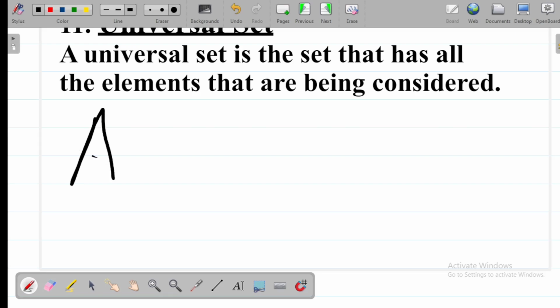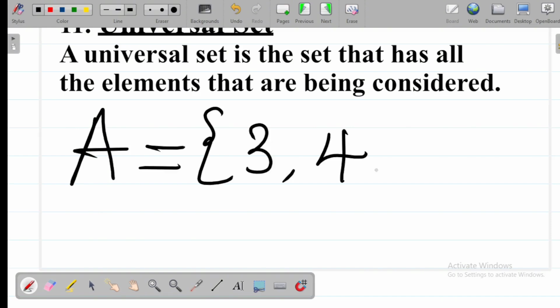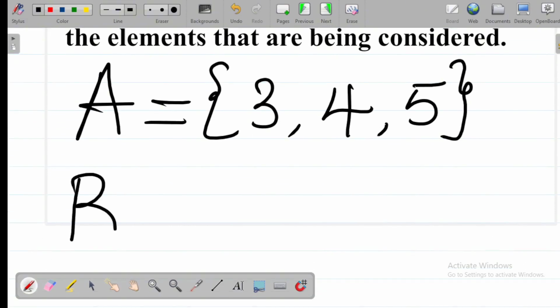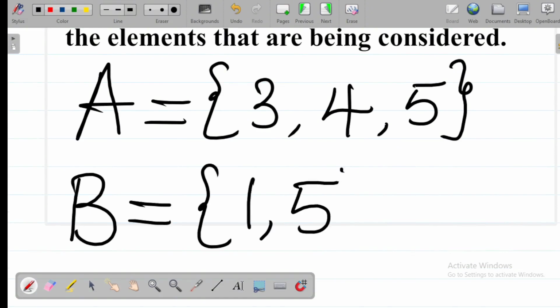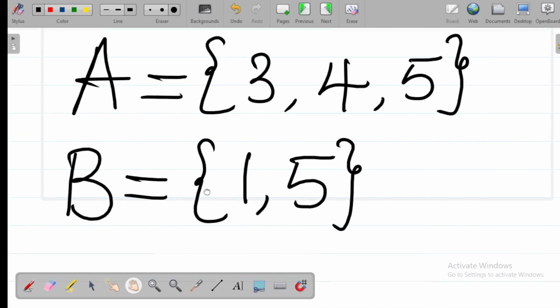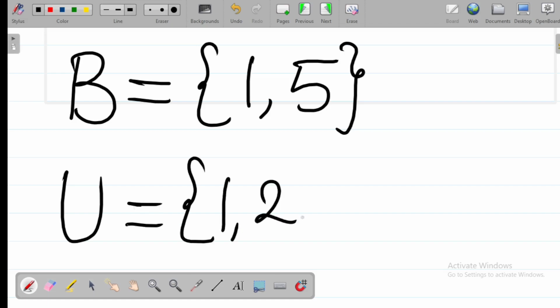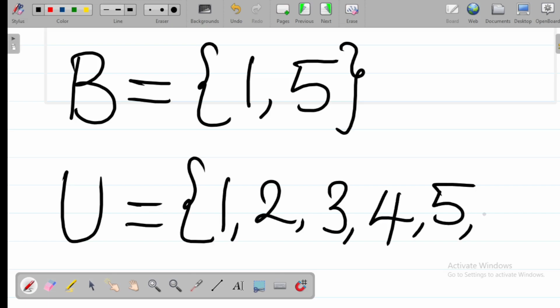Let's say set A is equal to 3, 4, and 5. And then set B is equal to 1 and 5. And then the universal set U is equal to 1, 2, 3, 4, 5, 6.